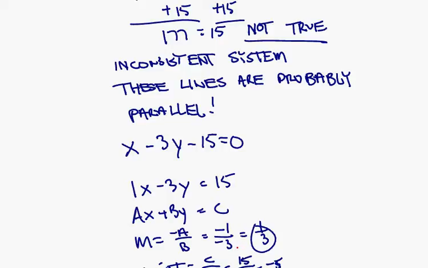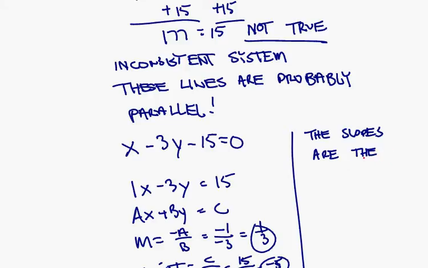So I know my y-intercepts are different, therefore the slopes are the same and the y-intercepts are different.